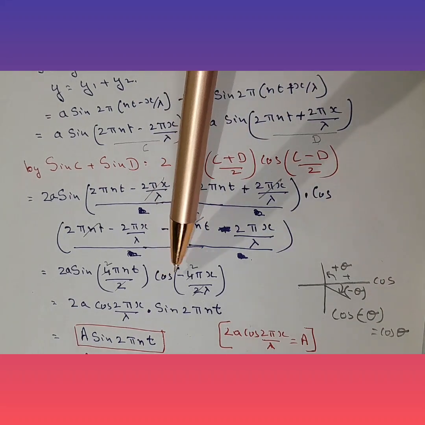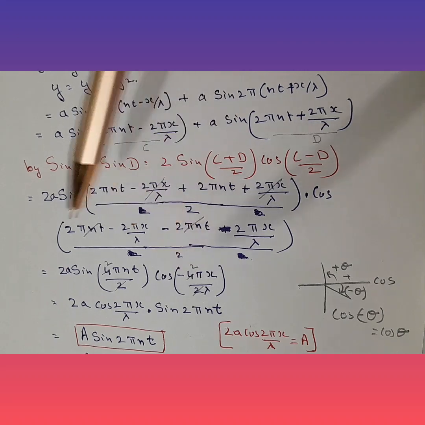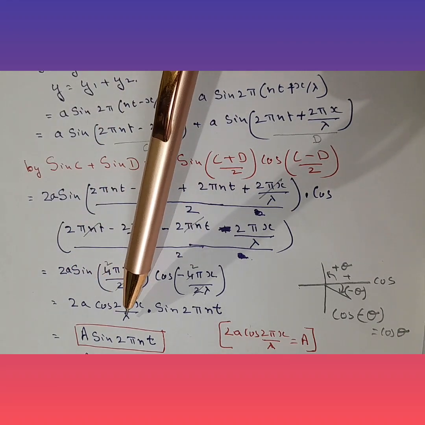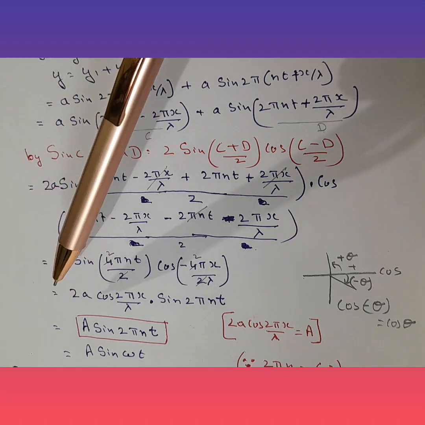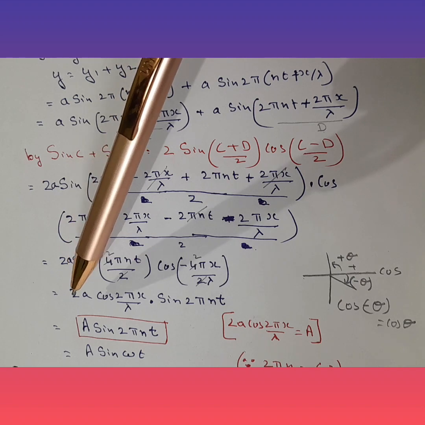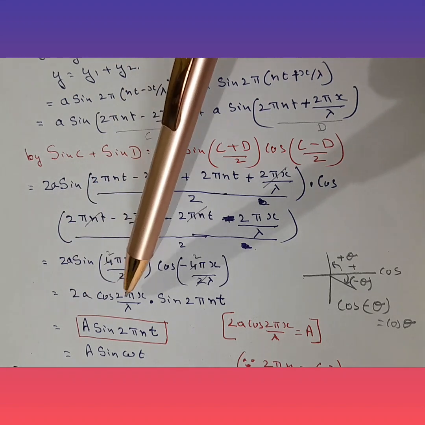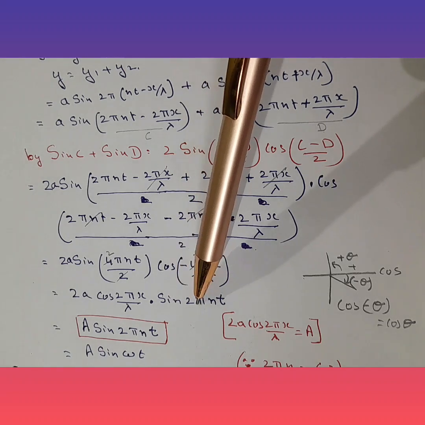So even if it is cos(−2πx/λ), it would be cos(2πx/λ), positive only. So the ultimate formula for the stationary wave is 2a cos(2πx/λ) into sin 2πnt.